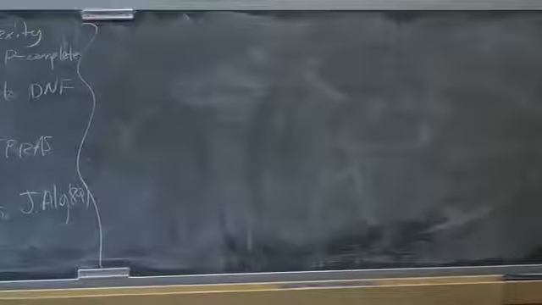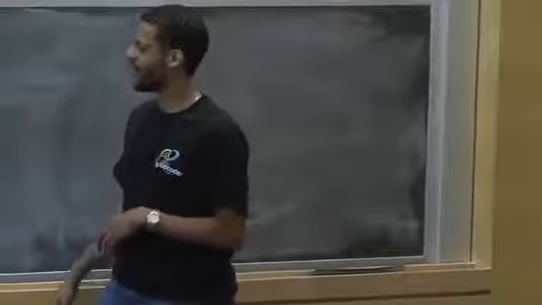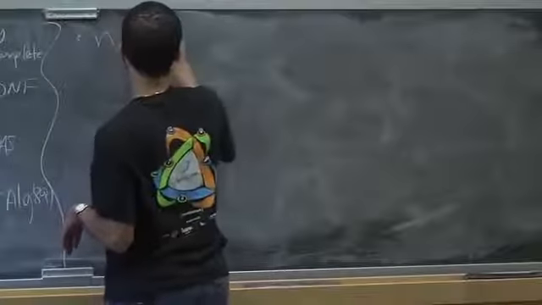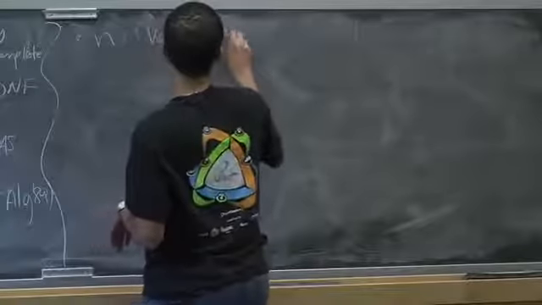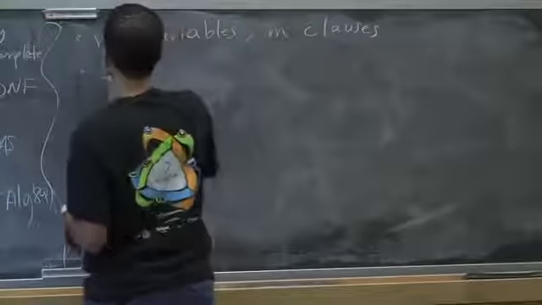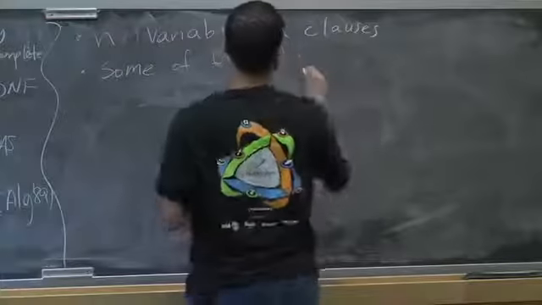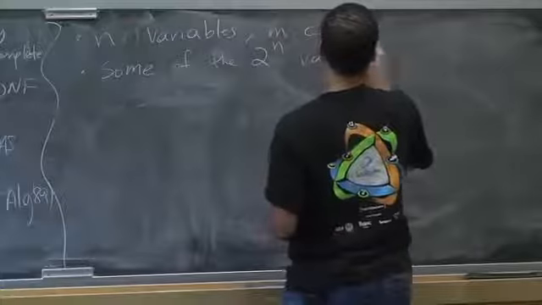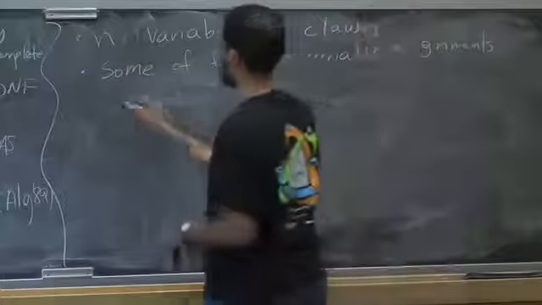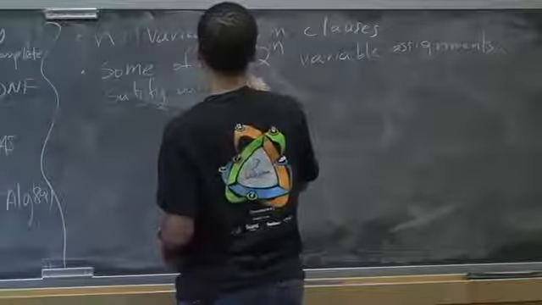So what's one way to randomly estimate the fraction of, so there are 2 to the n assignments. Let's say there are n variables and m clauses. Some of the 2 to the n variable assignments satisfy our DNF formula.